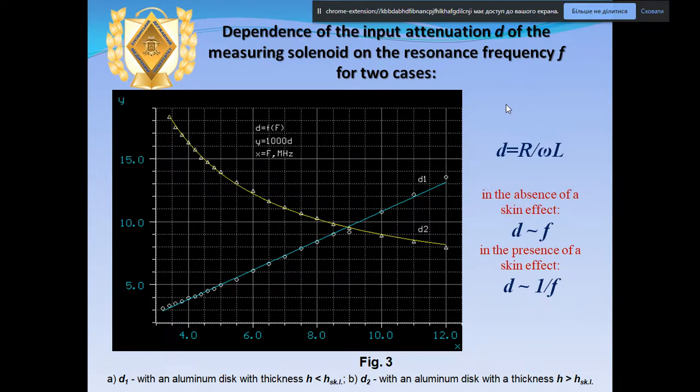According to the theory, the input attenuation is proportional to the frequency in the absence of a skin effect and proportional to inverse frequency in the presence of a skin effect, which is confirmed experimentally.